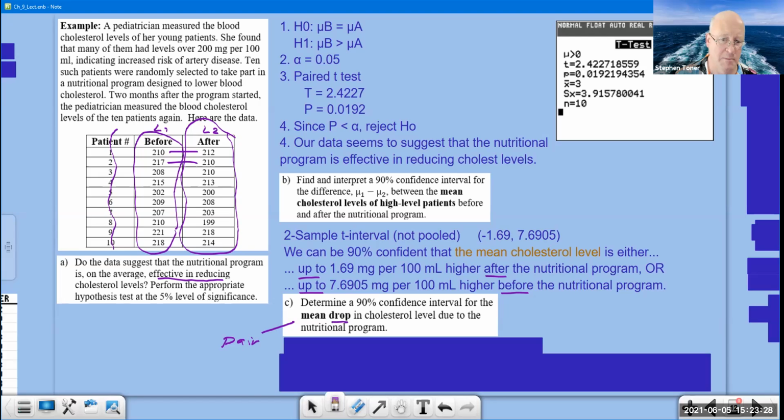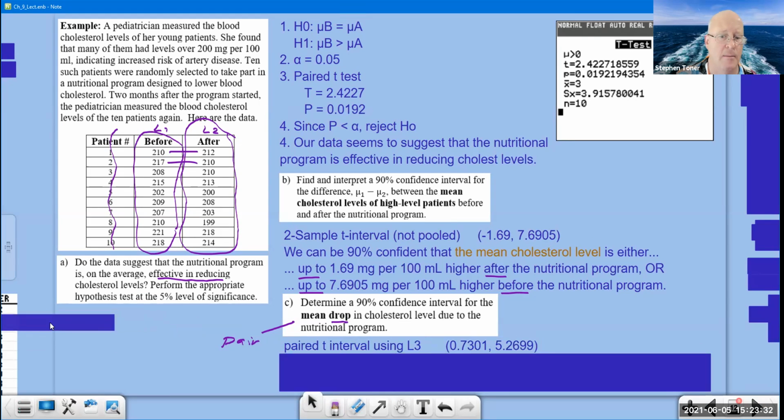Now for part C, we've said that this is going to be a paired t-interval using list 3. And because we rejected up above when we did the paired t-test, we've got a much more conclusive interval down here, and we're not going to have a split explanation with either this or that.